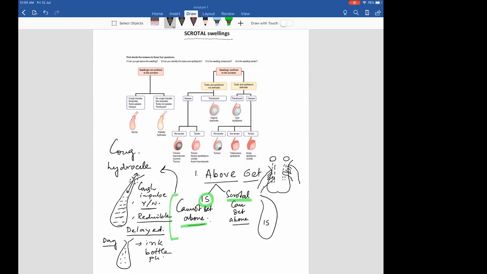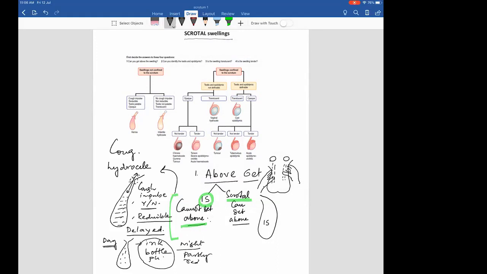It is like if you have a bottle of ink and you try to empty it, it does not get emptied immediately. The ink in the bottle will take time to empty. As the mouth is very narrow, this hydrocele is not easily reducible. But when it occurs at night, when the child is supine, it is partly reducible.